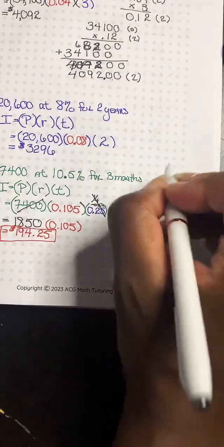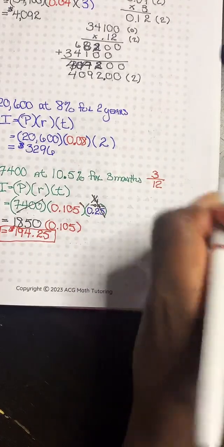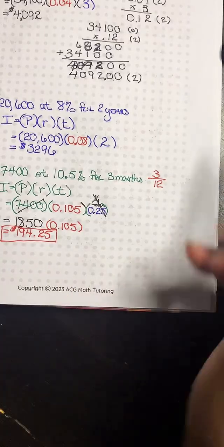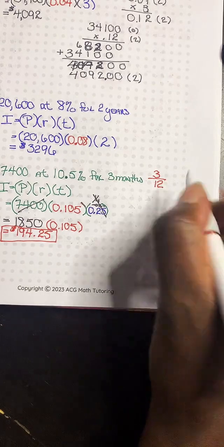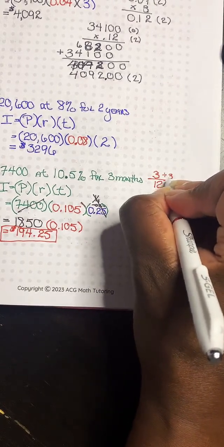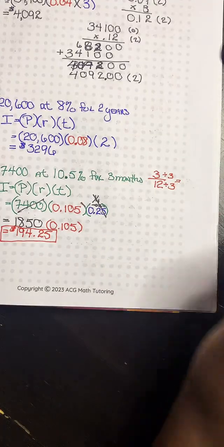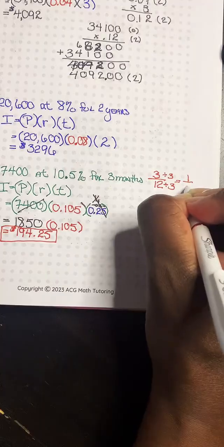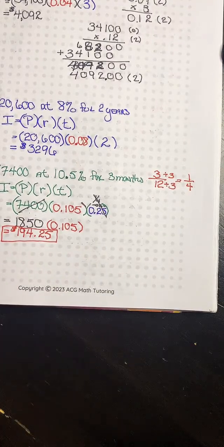Well, remember, it's going to be 3 out of 12. Okay? So there's 12 months in a year. So 3 out of 12. They both have 3 in common. So if I divide the numerator by 3 and divide the denominator by 3, I'm going to get 1/4. Okay.